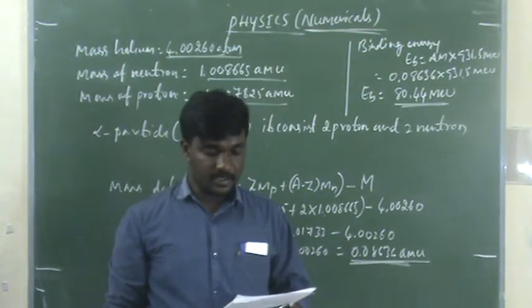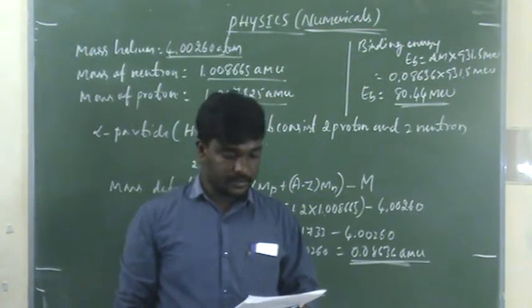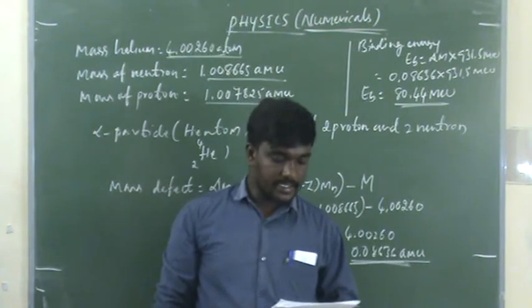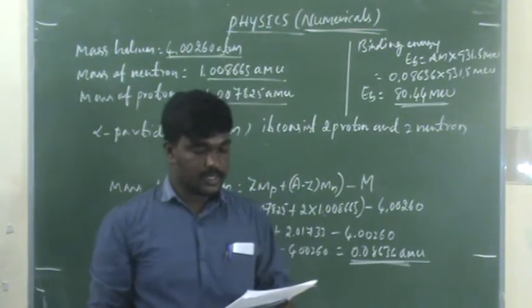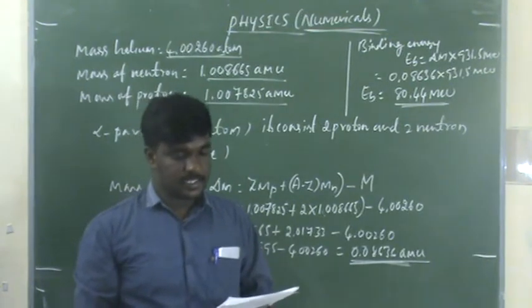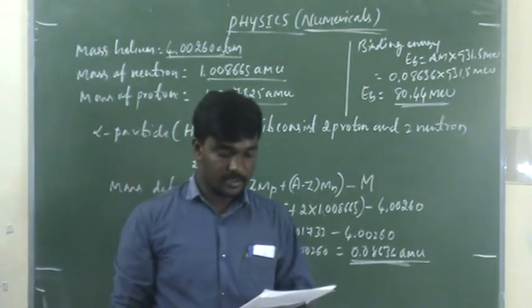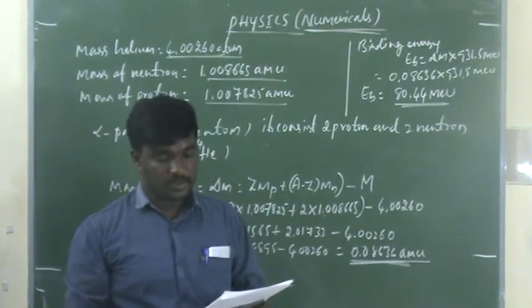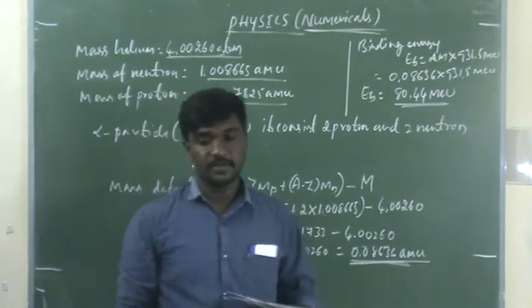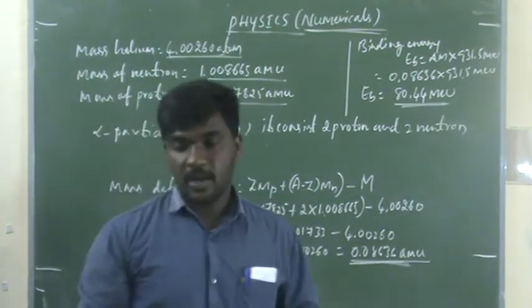For simplicity, assume that the coin is entirely made of copper-63 atoms, 29 copper 63, of mass 62.9260 atomic mass unit. So did you understand the problem?